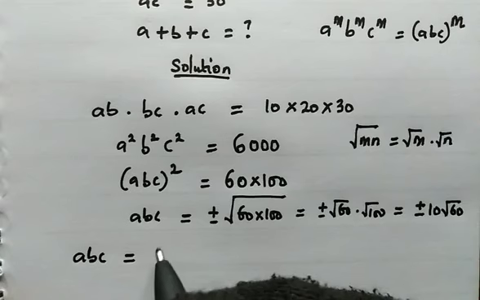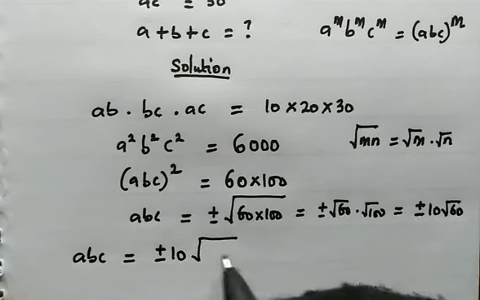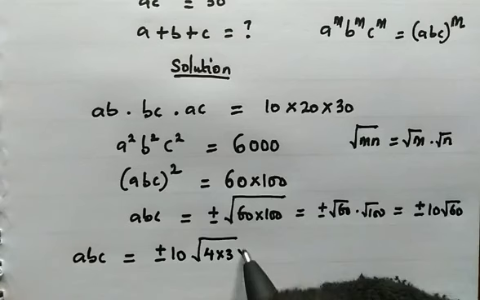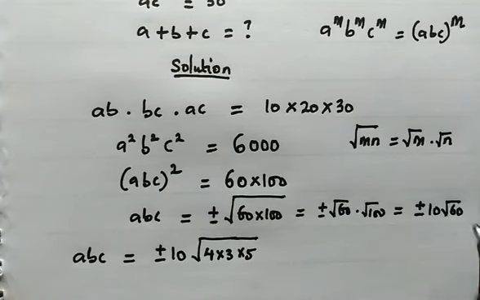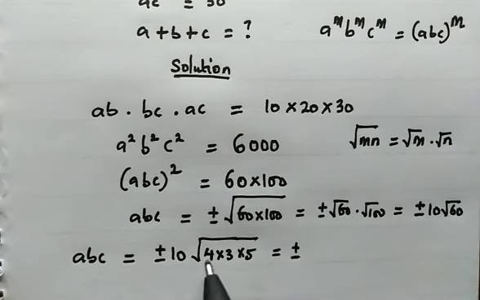So we have ABC equals plus or minus 10 square root of 4 times 3, then times 5. You know why? 60 is the same as 12 times 5. So 4 times 3 is 12, and here we already have times 5. So this will be equal to plus or minus, the square root of 4 will give us 2.